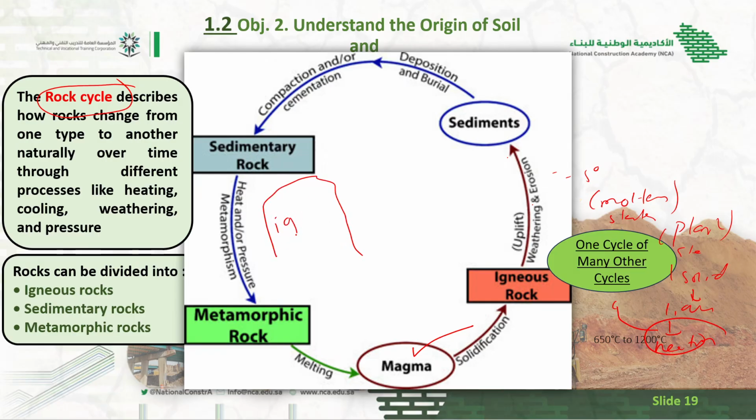This is the igneous rock. Weathering happens due to any means, for example, water. So now this rock is converted to small particles.